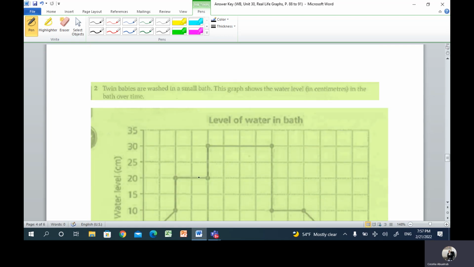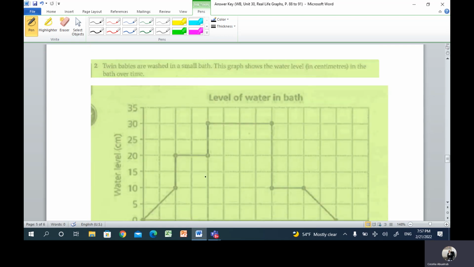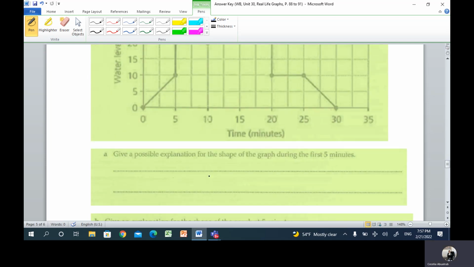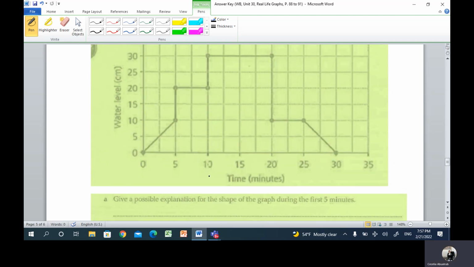All right. Next, we have twin babies washed in a small bath. This graph shows the water level in centimeters in the bath over time. So let's have a look here.